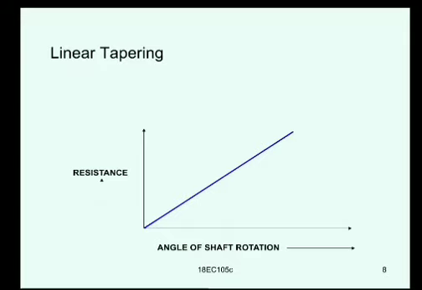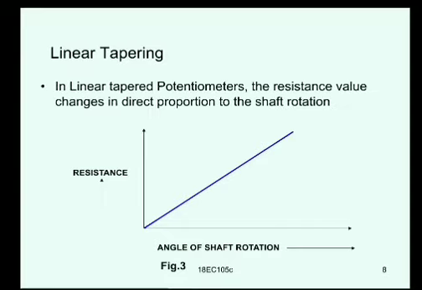Here you see it is almost a straight line and the slope is almost 45 degrees. Okay, so that means it is unity, a very linear variation of resistance. So in linear tapered potentiometers the resistance value changes in direct proportion to the shaft rotation.